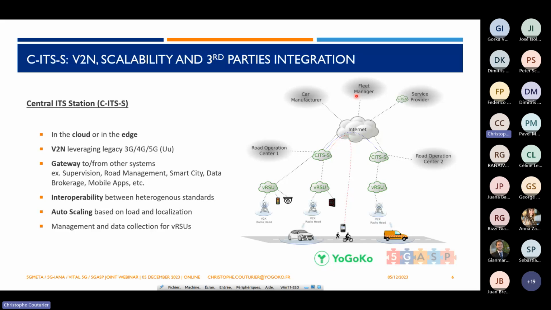To do so, we provide this CITS NetApp that makes it possible for them to enter the V2X network, and our CITS NetApp will implement the logic to put their messages into the CITS standard. So this is the first part.